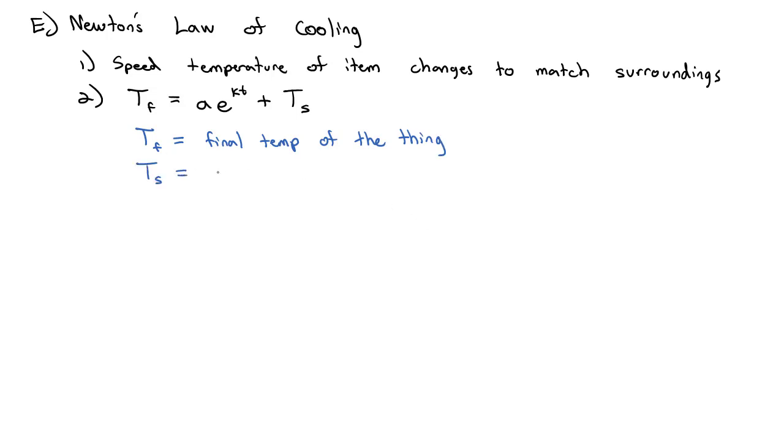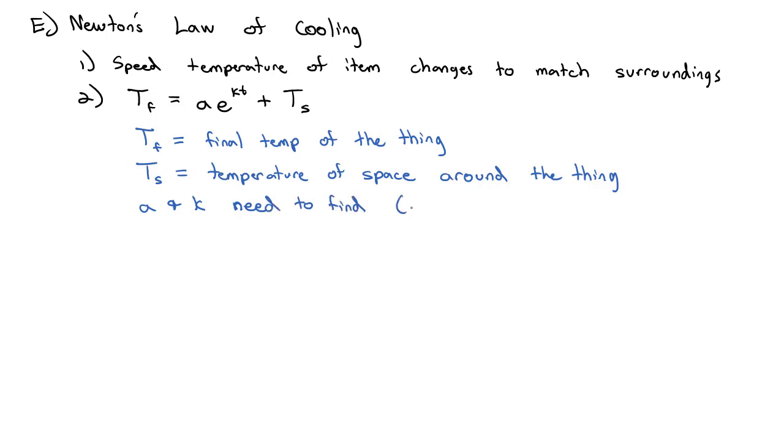T sub s is the temperature of the space around the thing. Then A and k we need to find, A first, then k. They're going to be constants that really depend on whatever thing we're talking about heating up or cooling down. And then, of course, the lowercase t we've seen before as time.